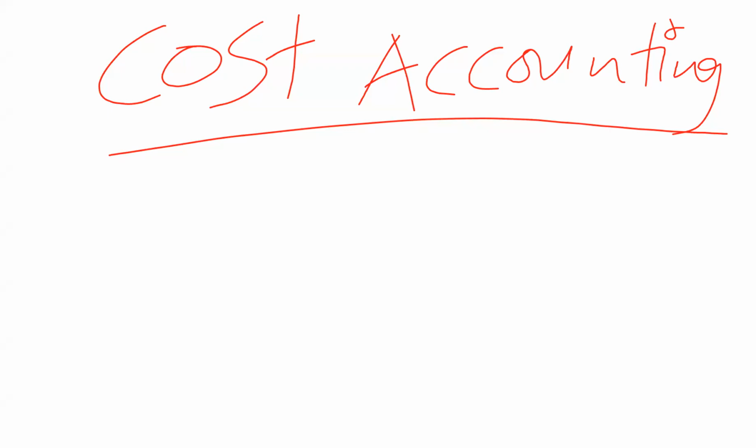The information that you get from cost accounting helps management in making sound decisions. So mainly cost accounting is for management, and for that reason there may not be given standards, regulations, or formats in the way you should report.